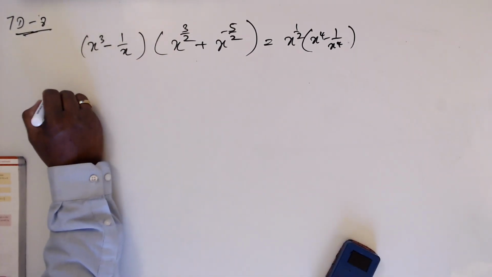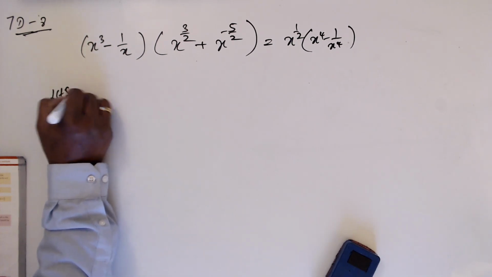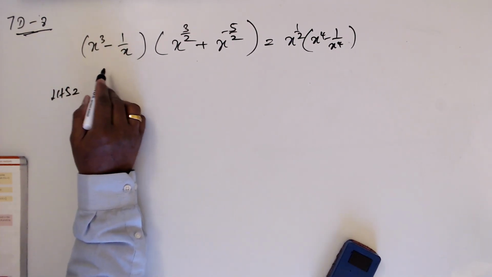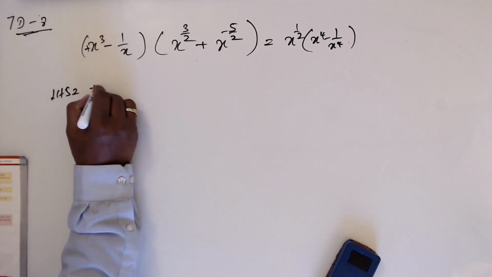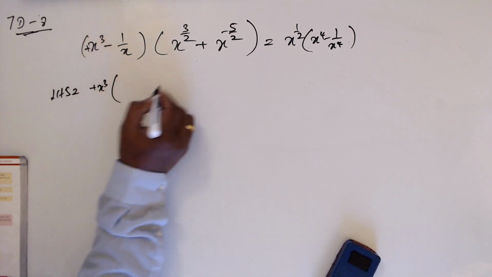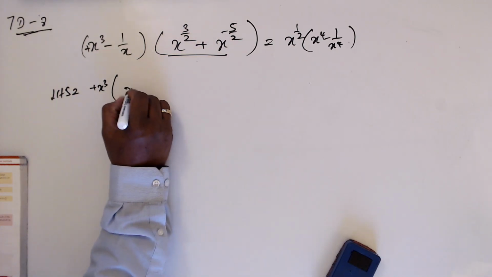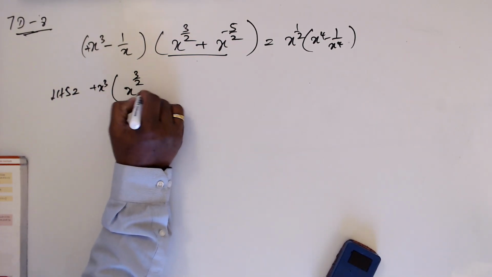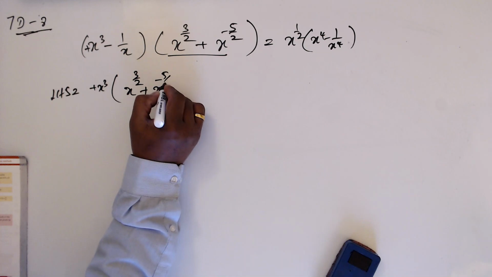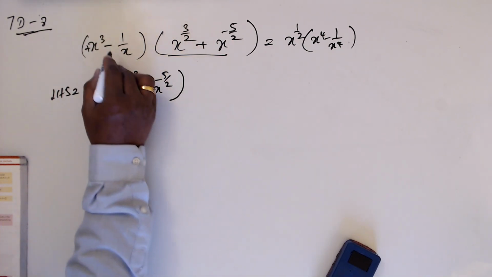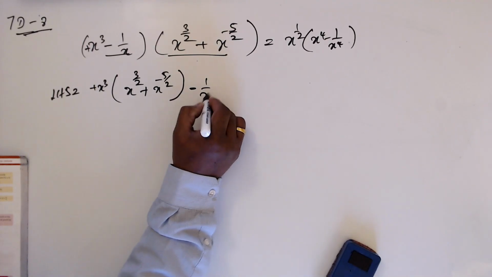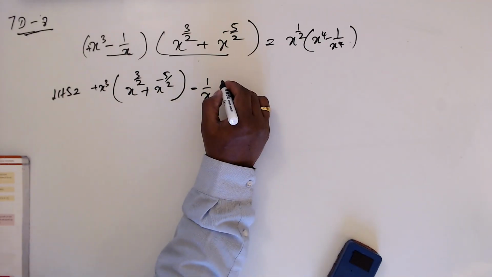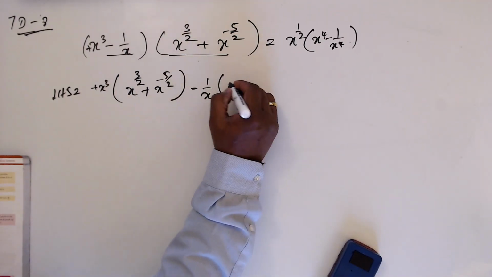Question number 8, we'll take LHS equal. I'll take this, plus x cube times, I'll multiply by this one, then minus 1 over x, then again I will multiply by this one.